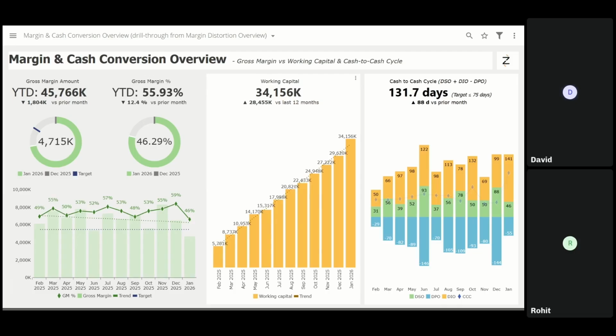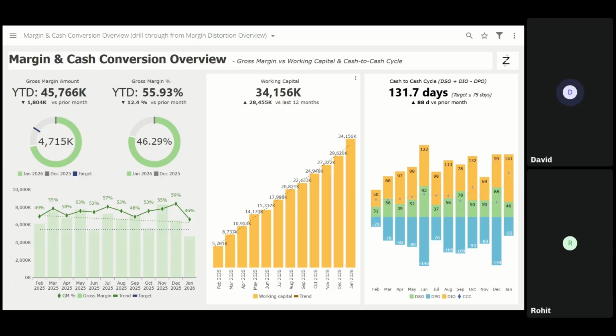And in this dashboard, I'm adding two additional metrics to analyze this problem. We are adding the working capital, which is where I'm hovering my mouse, which is basically telling us how much cash is tied up in the day-to-day activities, right?